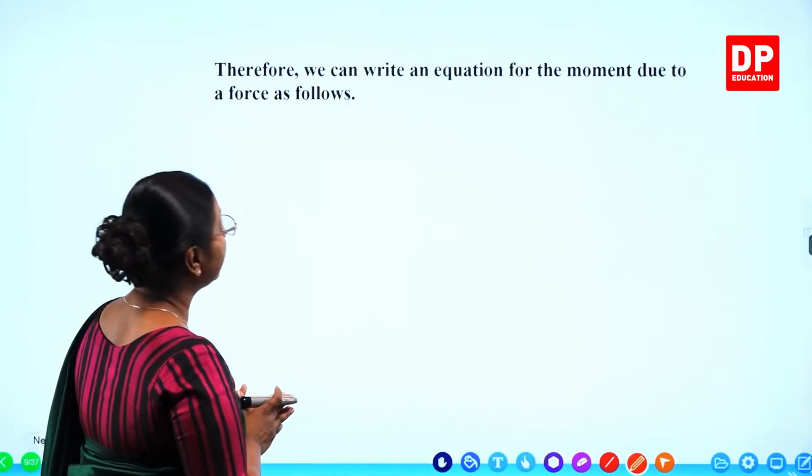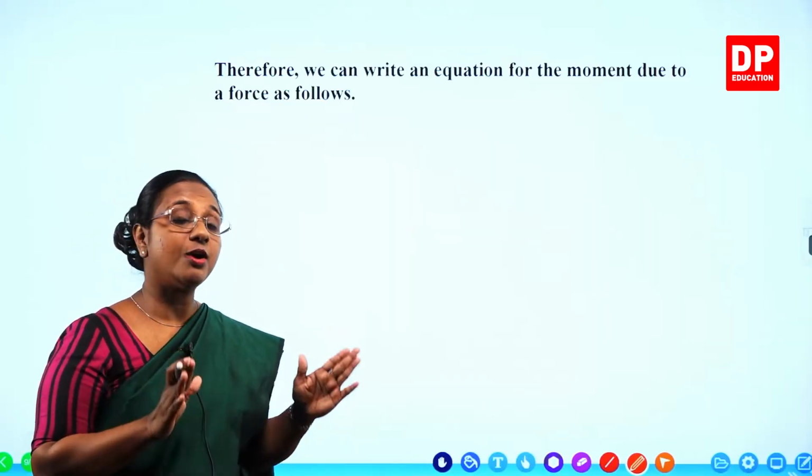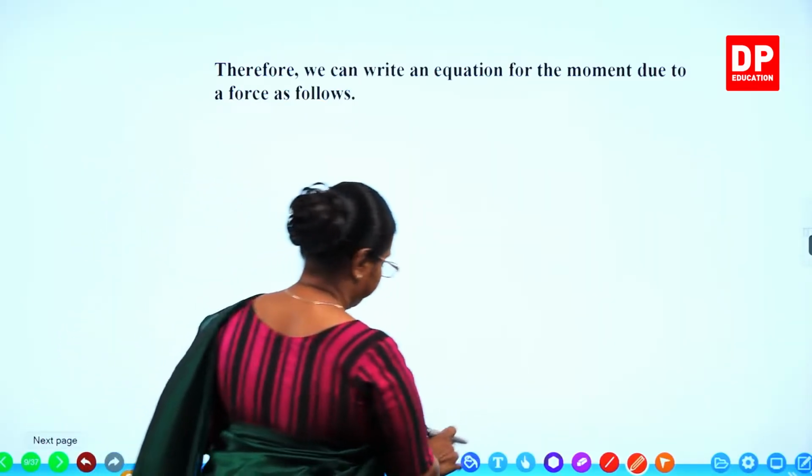Therefore, we can write an equation for the moment due to a force as follows. So now we are going to use the equation.